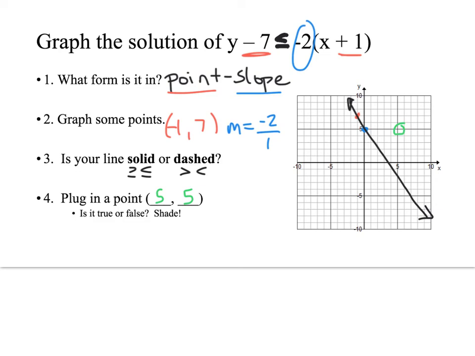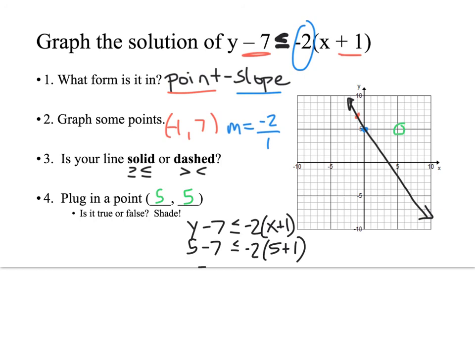Again, you don't have to pick one that has the same number for x and y, but that has happened on both of my examples. There's my inequality. I'll put a 5 in for y. And I'll put a 5 in for x.